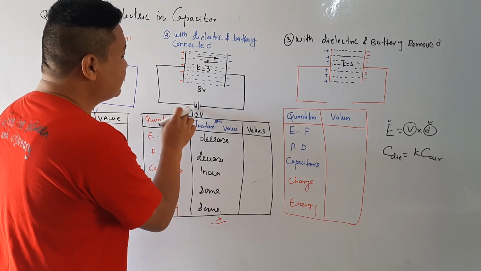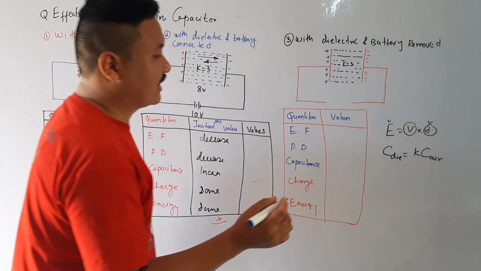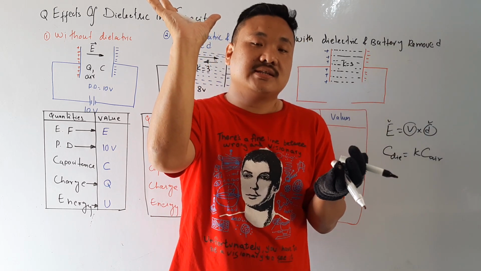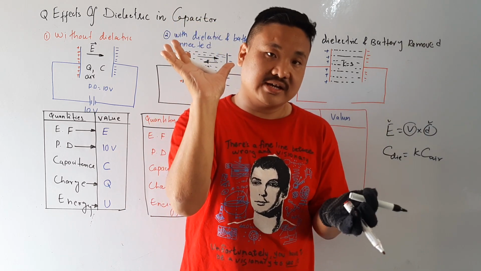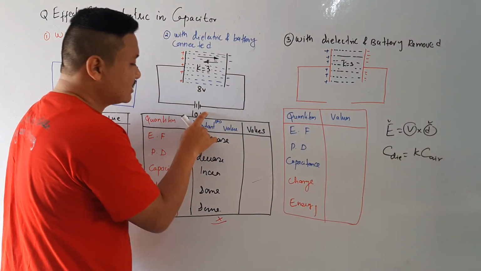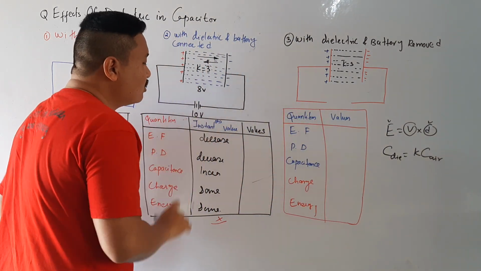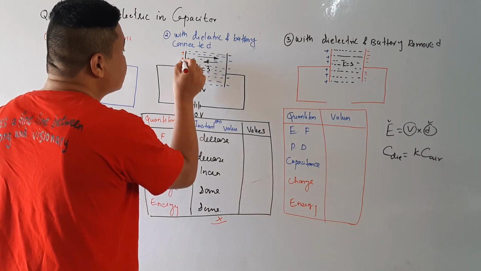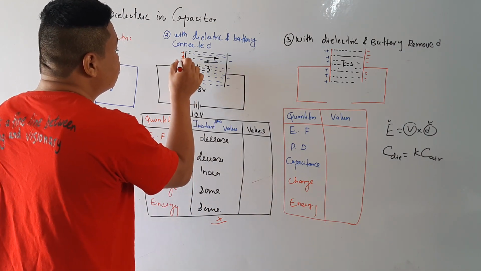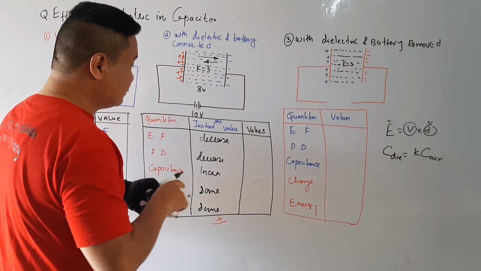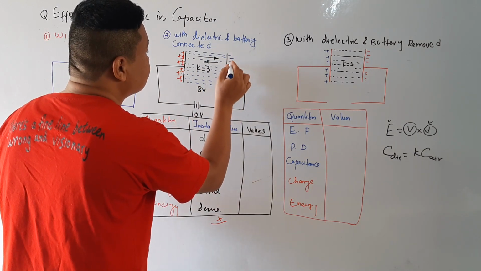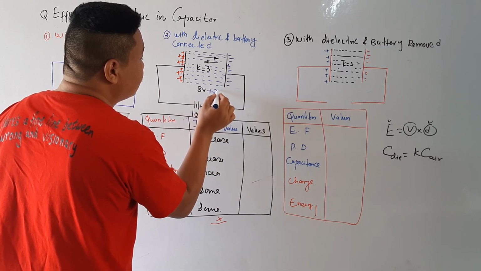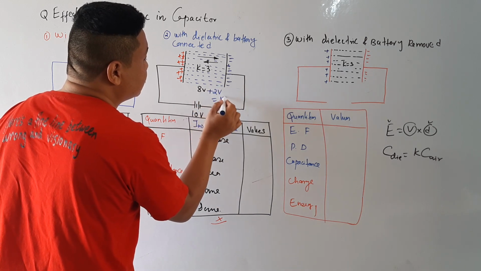Like two tanks, if one is high and the other is low, water flows from one tank to the other. Similarly, more positive charges will come to this plate and more negative charges to that plate, and this will become plus 2 volt, making up the 10 volt.